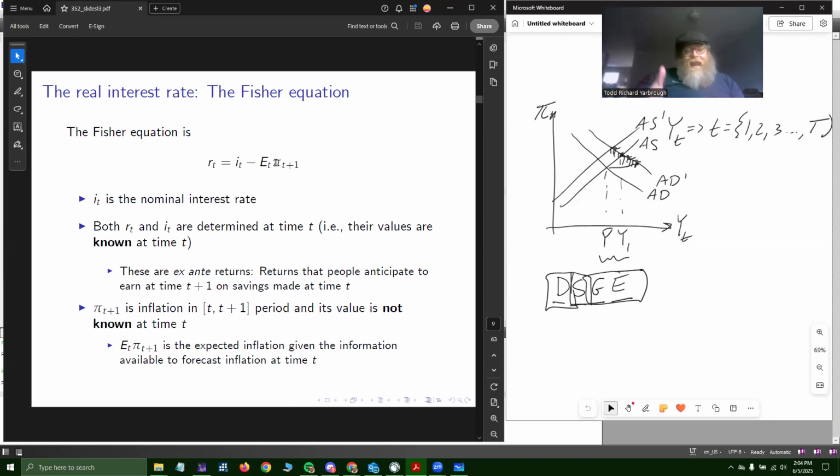So there's an expectation formed in time period T about inflation that will be in time period T plus 1, which is a little bit confusing, but is important to keep your head around. Basically, the way that we typically say this is that it is expected inflation next time period, given information we have access to in the current time period.